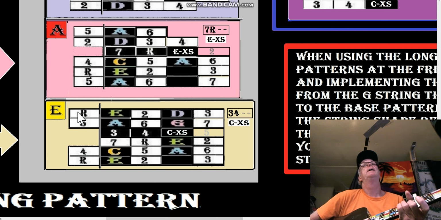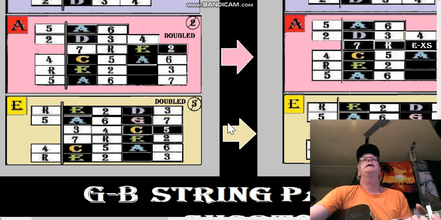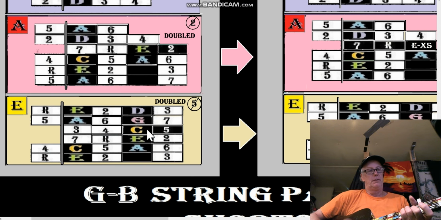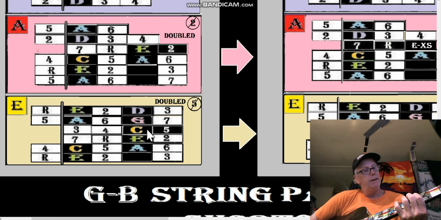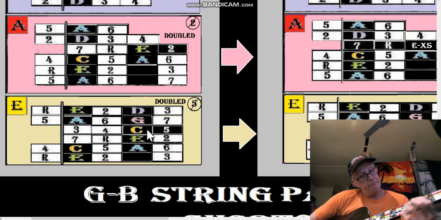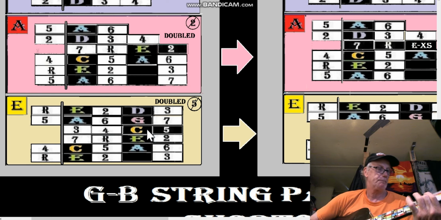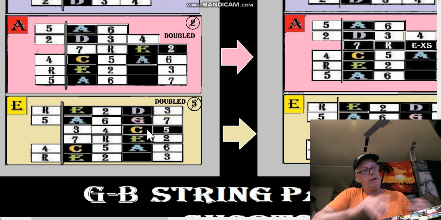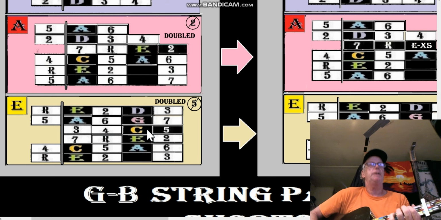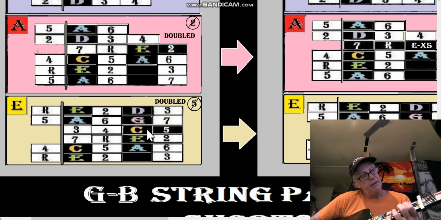So with E, let's look at the old way of playing E, long. Of course, if we do it quickly, the short pattern for E is like, okay, that's the short pattern for E. Now the regular old long pattern for E: root 2, 3, 4, 5, 6, 7, root 2.